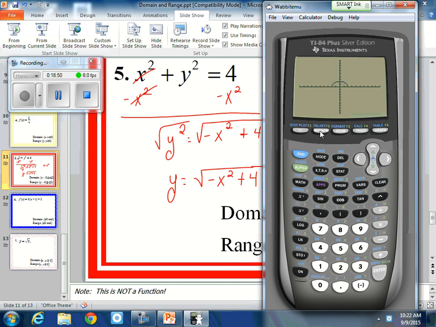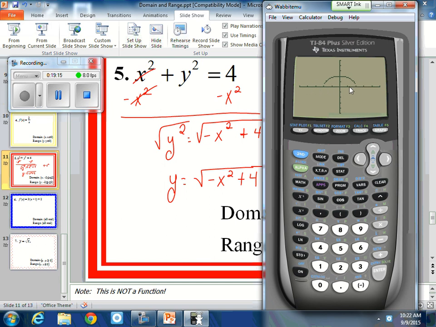So I'm going to zoom in and see my window. I'm going to change it to -5 and 5, my minimums and maximums. And I'm going to graph it again. There you go. So it looks like it goes from -2 to +2 on the domain.